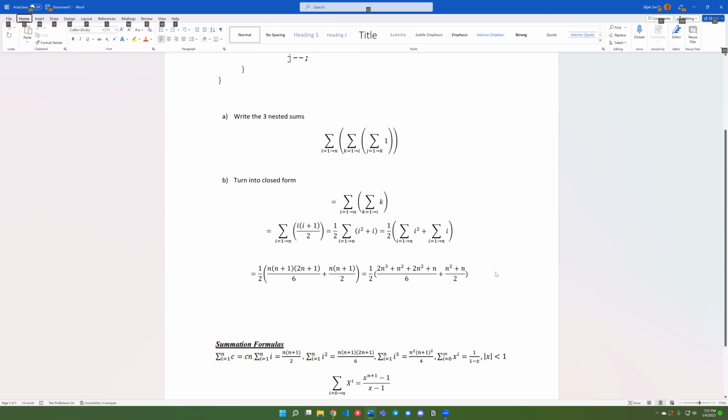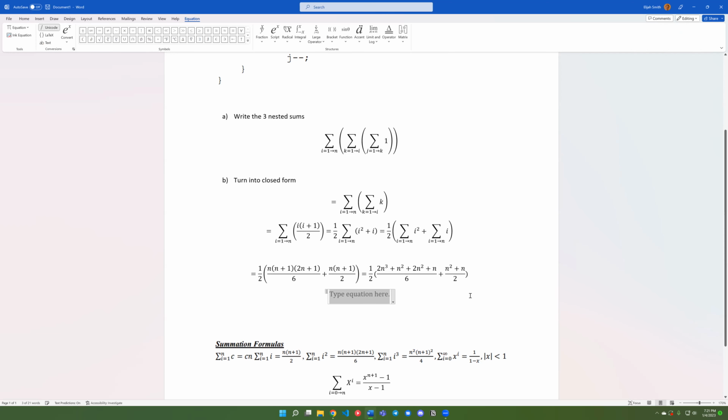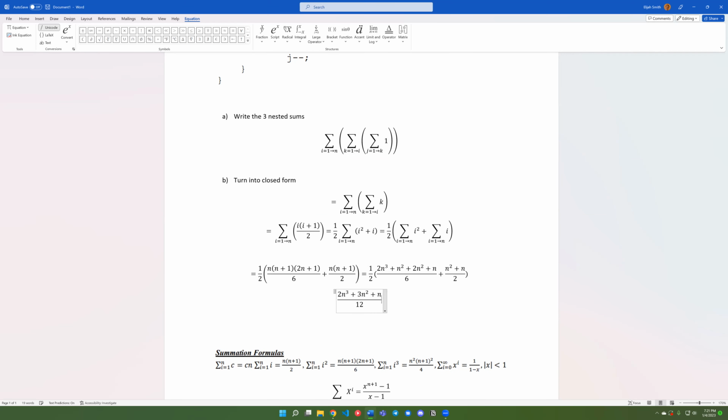Next step, we'll go ahead and put our 1/2 on the inside, so we can multiply everything out. So now we have 2n cubed plus n squared. Let's just make this 3n squared here plus n divided by 12, plus n squared plus n divided by 4.